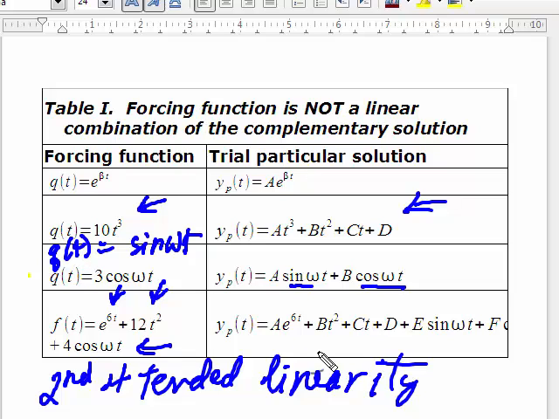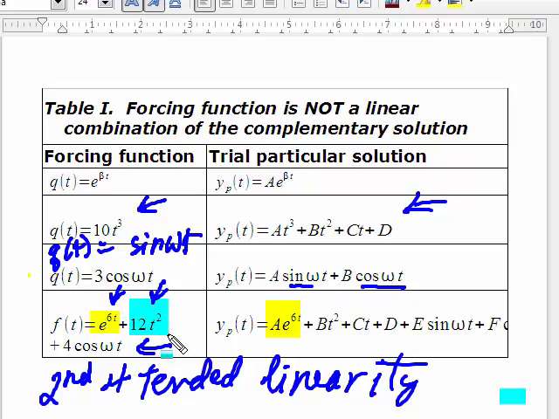So you can look at each one separately. So if I look at the 6 e to the 6t, and again this is a case where none of the forcing function looks anything like the complementary solution, e to the 6t, then here is what I would do for that particular solution, a e to the 6t.